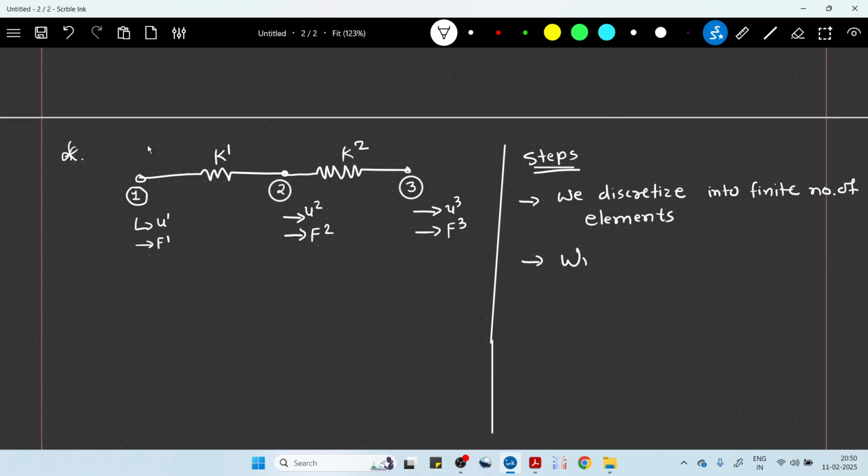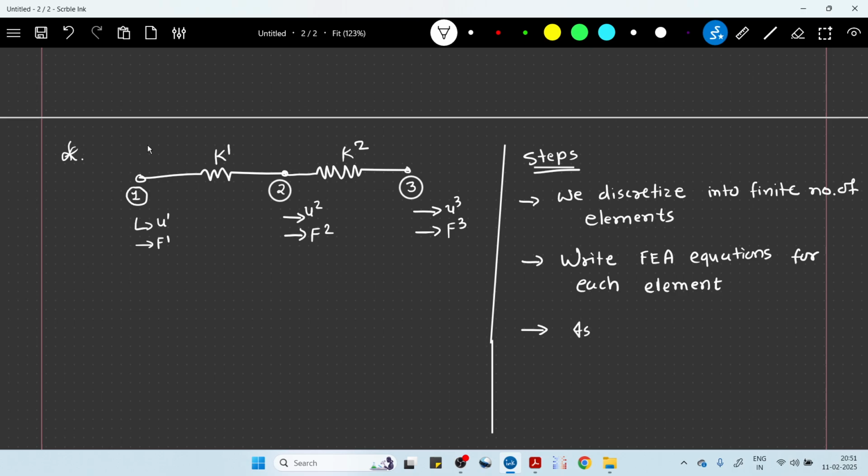Then write FEA equations, or element characteristic equations, for each element. For example, here there are two elements, so we have to write FEA algebraic equations for each of these two elements.